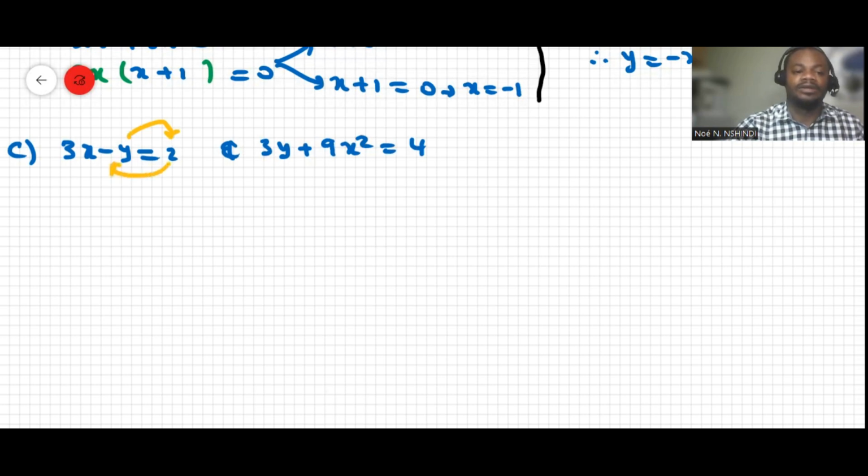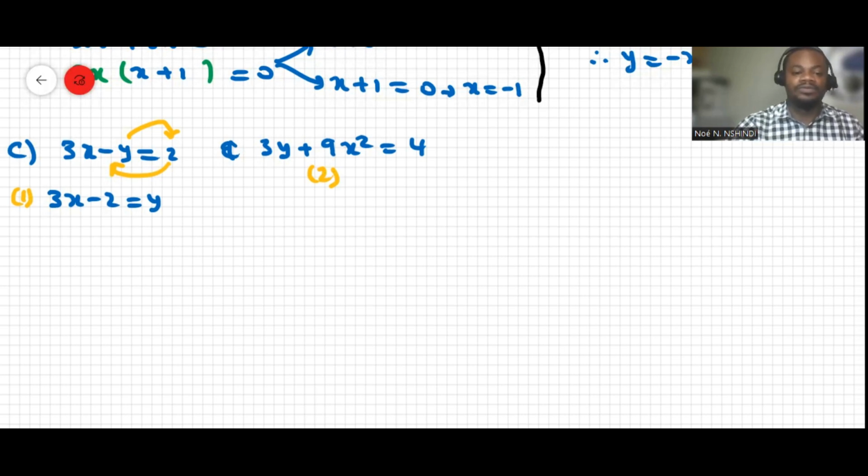So y equal to 3x minus 2. Okay, that's equation 1, and that's equation 2. As I said, whatever is on the left is equation 1, whatever is on the right is equation 2.